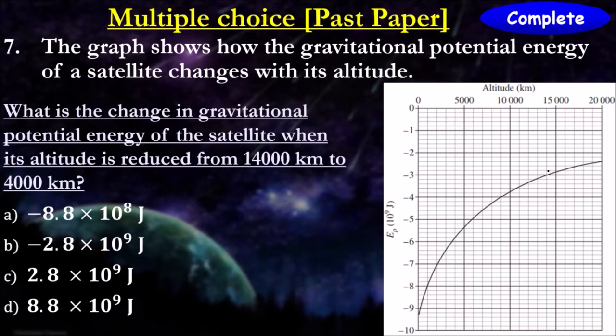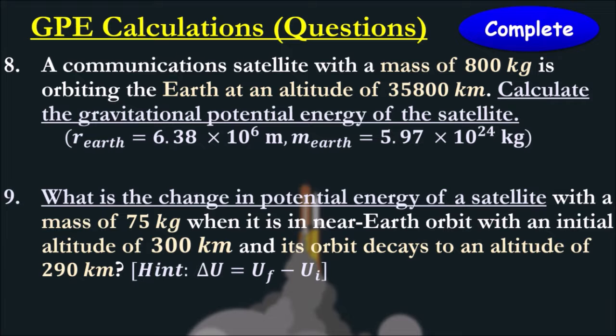So we go from about this position here to about this position here. Okay, around there. So you do your interpretation, you should find that the answer is negative 2.8 times 10 to the power of 9 joules.